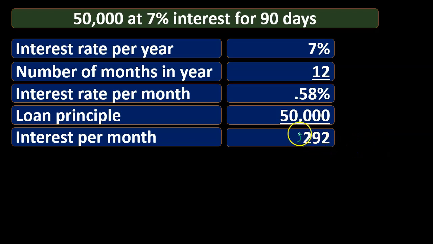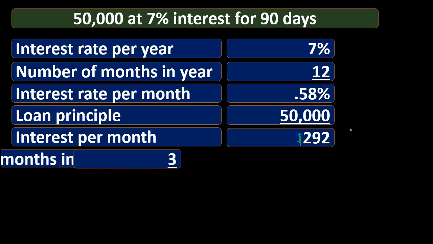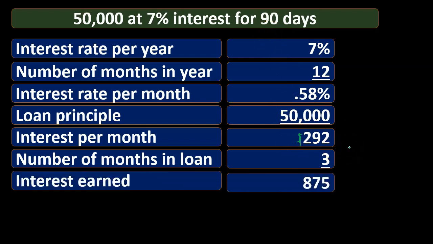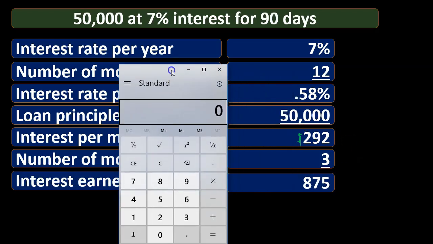and now we just need to say, that's a dollar amount, by the way. Now we've got to say how many months there are. We're going to say that in the term of the loan, 90 divided by 30, 3 months. So 292 times 3 would be 875. Once again, that might be a bit of rounding there. If we say 292 times 3, we're going to get 876.